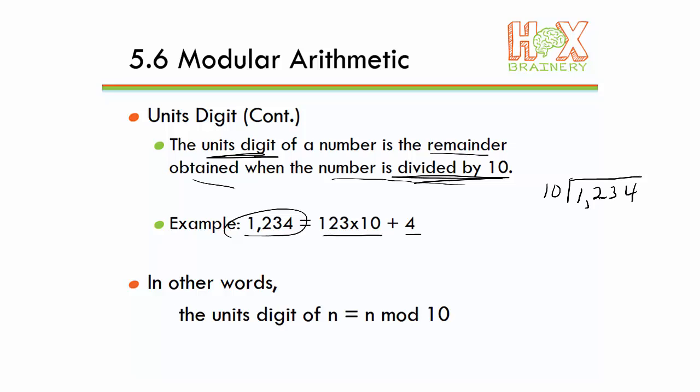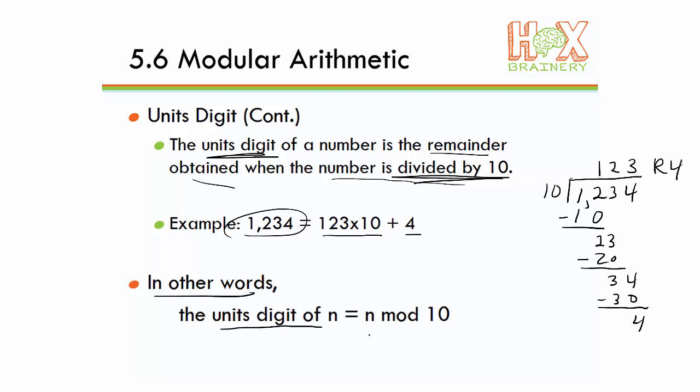If we have 1,234 divided by 10, this would be 1 times 10, subtract, get 2, bring down the 3, 2 times 10, 20, subtract, have 3, bring down the 4, 3 times 10, 30, subtract, 4, there's your remainder 4. So in other words, the units digit of n is equal to n mod 10.